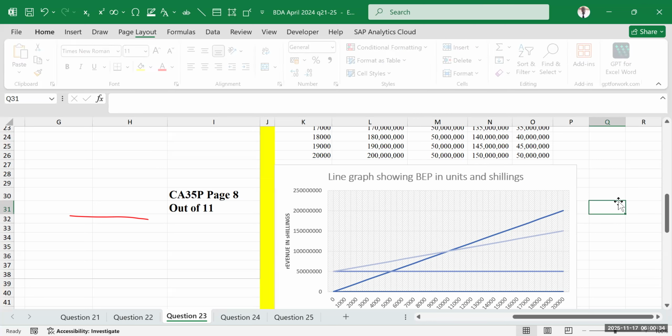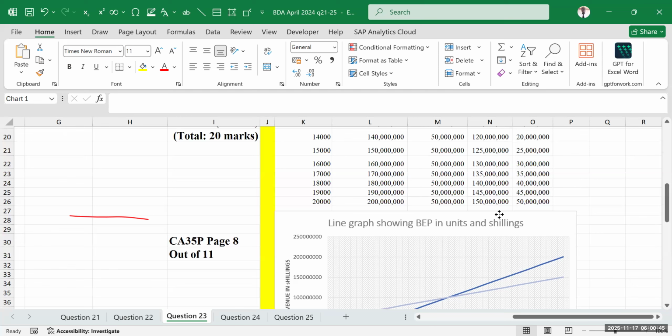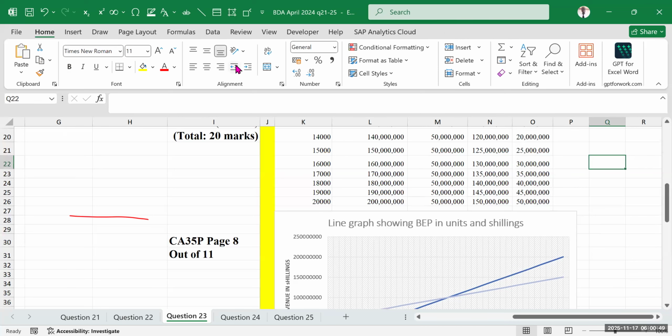Remember, we have both units. Break-even point is showing in both units, and again in shillings. Shillings is appearing on the y-axis, unit is appearing on the x-axis. So once you give a title like that, you've described the type of chart that you've already given. The title is already there.